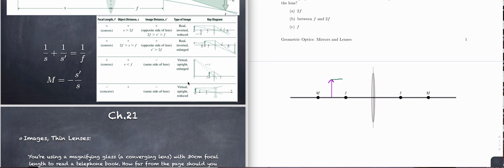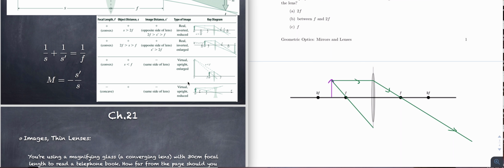So one, I'm going to send parallel light from the object to the lens. That should refract through the focal point. Okay, and then I can send light from the object through the focal point. Oh, my lens is not big enough, but we get the point.